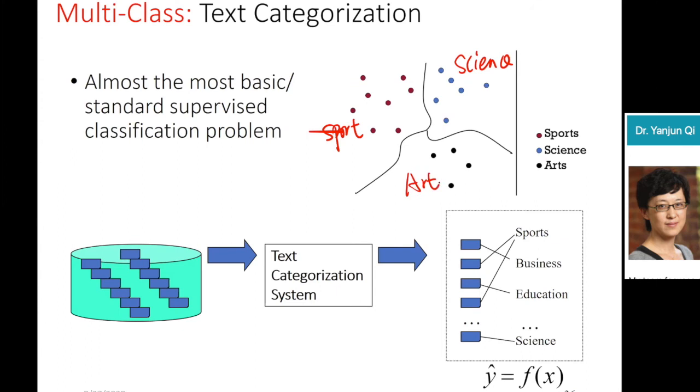They don't overlap with each other. In the multi-class case, I'm classifying a sample into only one class. This is important. It will be in only one of the classes. This is called multi-class classification.